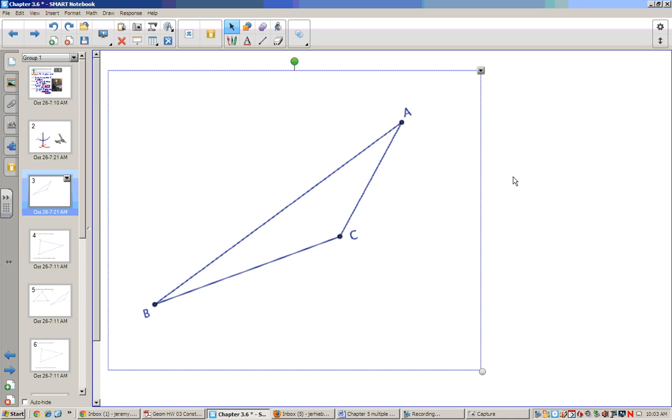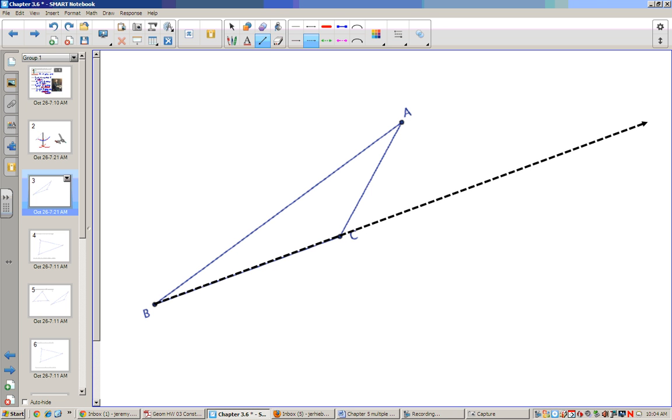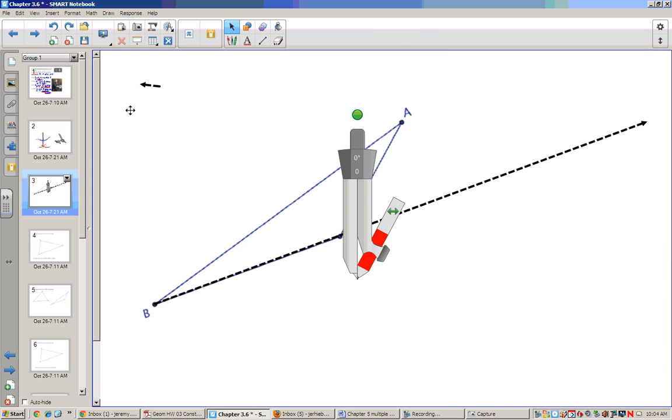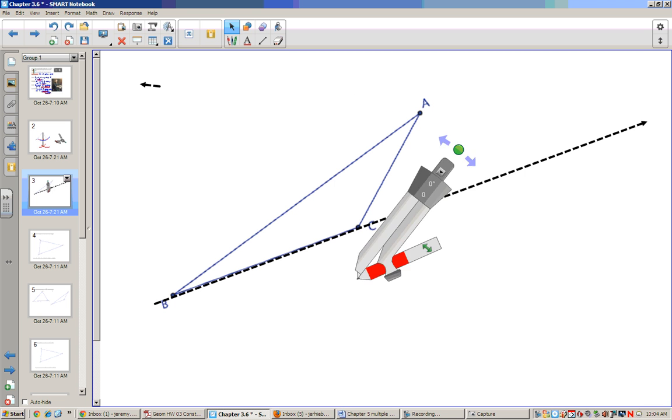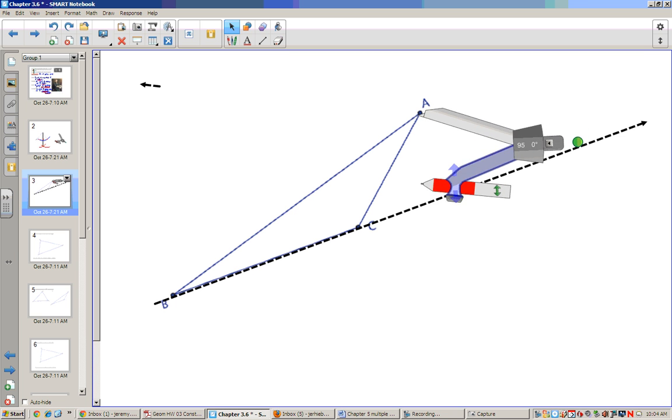Now number 2 is a little bit different in that if you start at A, you can't draw a line that's perpendicular to segment BC. So what we do is we draw a line that just extends this segment BC. So I'm going to first go up here, grab a compass, and now I'm going to start at A, do the same thing that I did last time, come out.